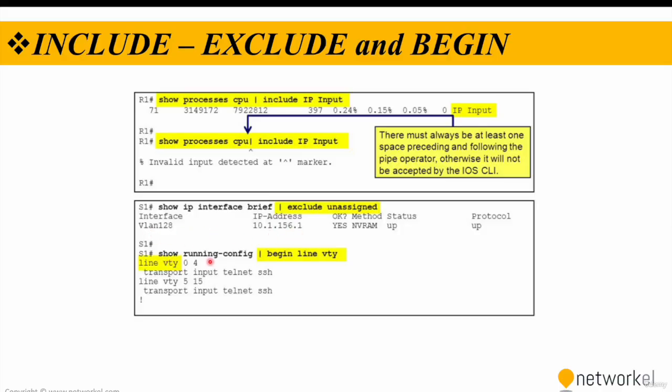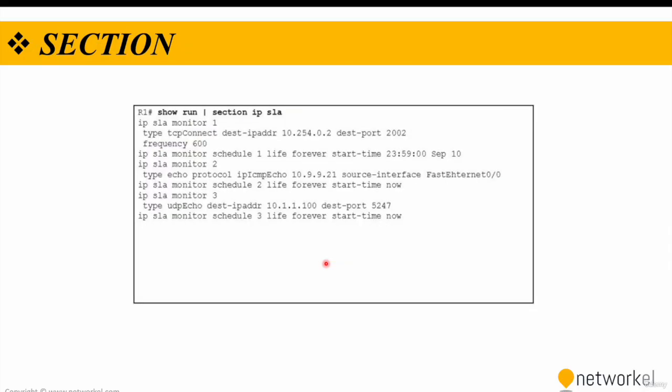And this one, show run pipe begin line VTY, will start displaying output from the first line that contains line VTY.